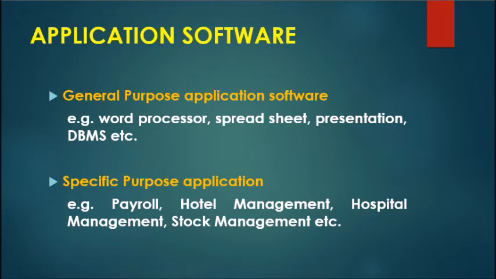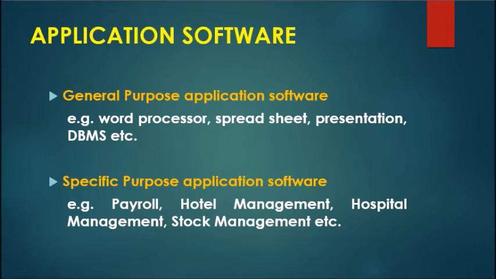Second, specific purpose application software. These software are designed for specific tasks only. For example, a camera application on your phone will only allow you to take and share pictures or videos. Another example would be a chess game. It would only allow you to play chess.